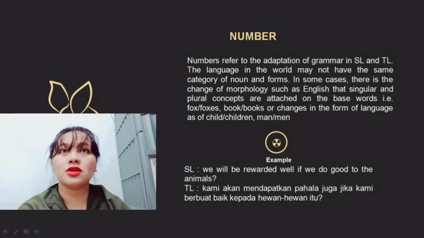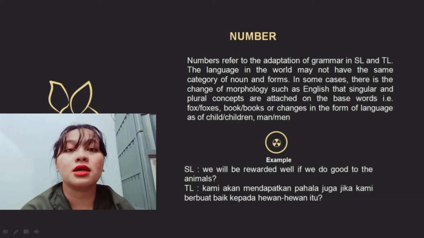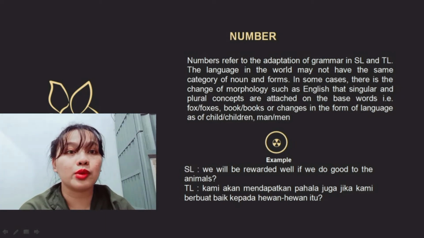The source language: we will be rewarded well if we do good to the animals. The target language: kami akan mendapatkan pahala juga jika kami berbuat baik kepada hewan-hewan itu. The use of suffix -s in the word animals indicates plurality.